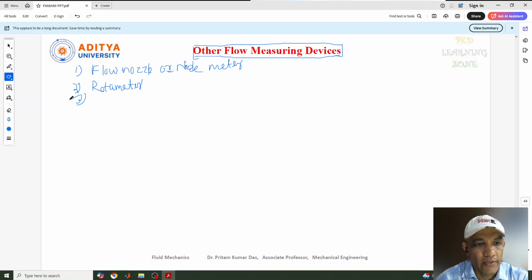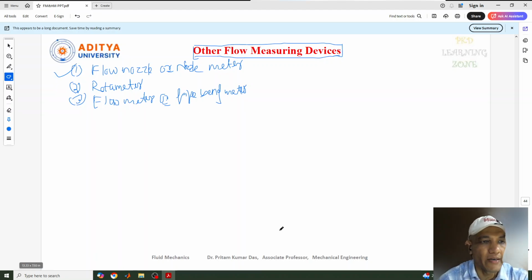And the next device is the elbow meter, or pipe bend meter, anything you can call it. This lecture will discuss only the first one, that is the flow nozzle or nozzle meter.